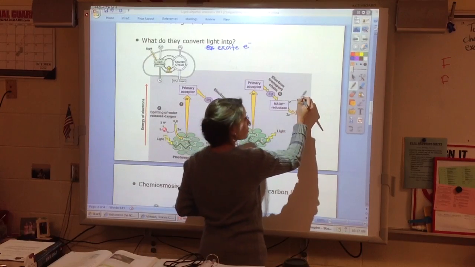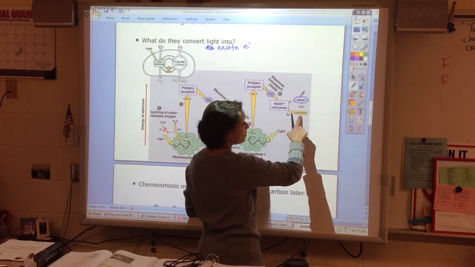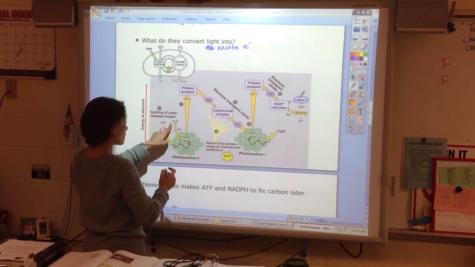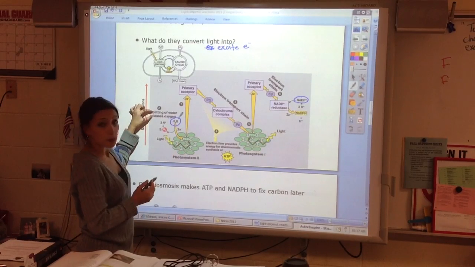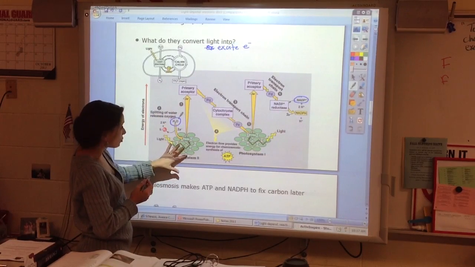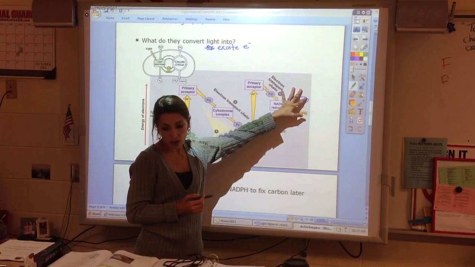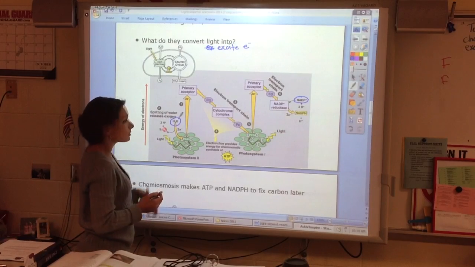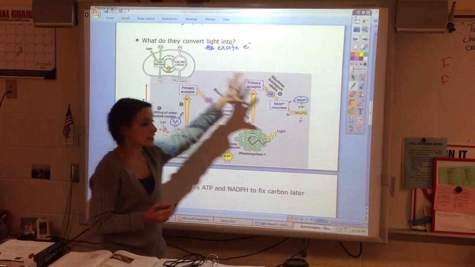A slightly different version of an electron carrier here, but we're still going to be transferring the electrons. The source of the electron is actually going to be water. So we're going to split water, take the electron and excite it, and pass it to an electron carrier. We'll get a little bit deeper into exactly how this happens, but the main idea is that plants are able to absorb light and excite electrons.